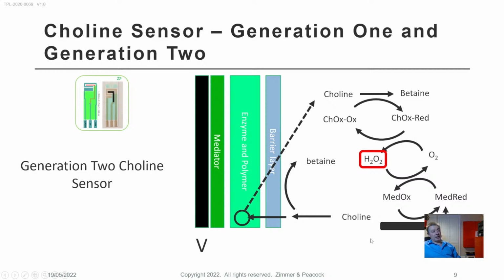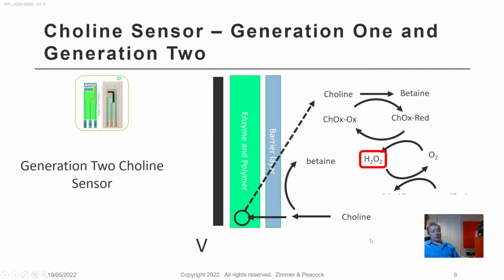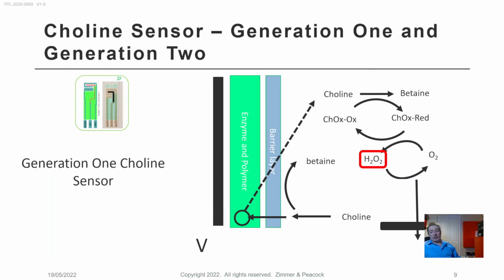If you were using something like a platinum or gold electrode, you could go for a simpler setup. With platinum and gold, you can detect the hydroperoxide directly, and I call that a generation 1 sensor. There you would use that magic number, 650 millivolts, to detect the hydroperoxide. What would I suggest in this case?